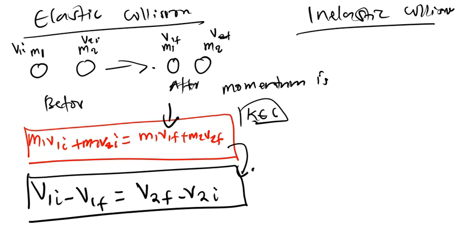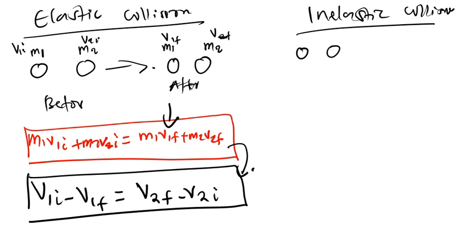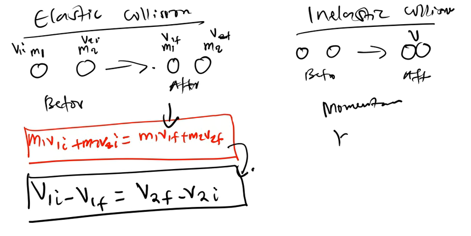Now, let's go back to inelastic collision. Inelastic collision is a situation where you have these two guys before collision, and after collision these two guys stick together, meaning that they are going to be moving with the same velocity. Momentum is always conserved, but kinetic energy under inelastic collision is not conserved.